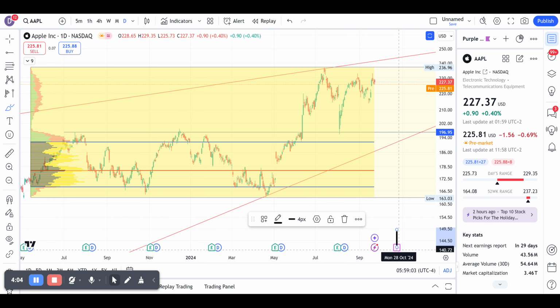So it might be worthwhile to look at 2 weeks after the earnings to see how price reacts upon those earnings.